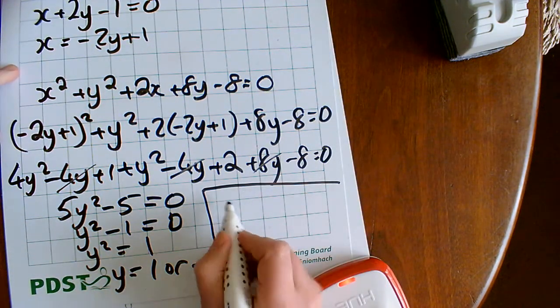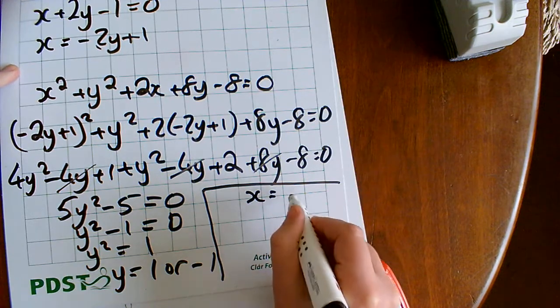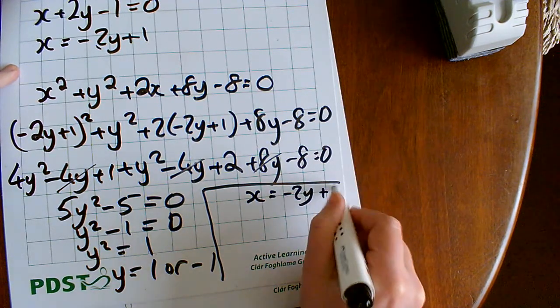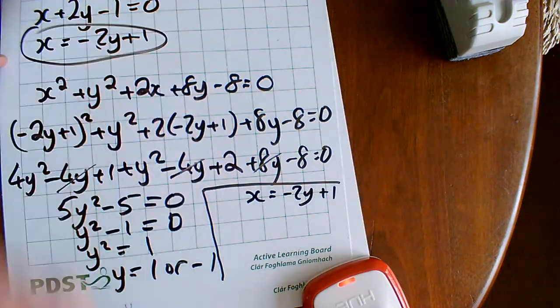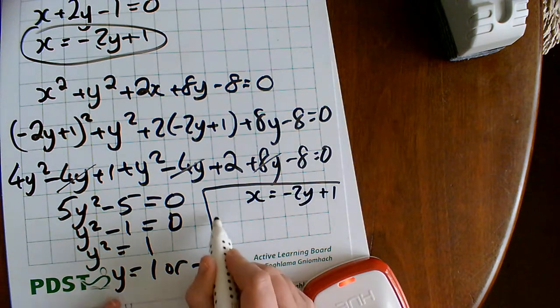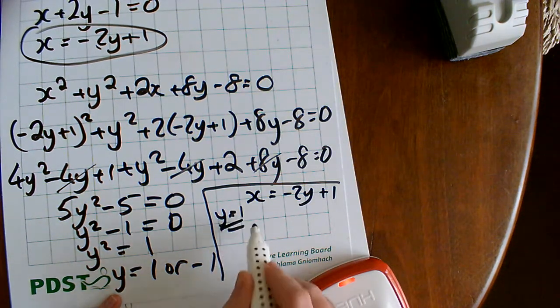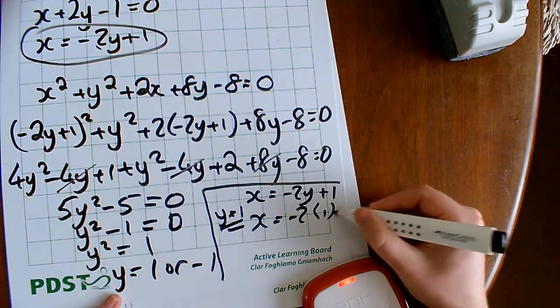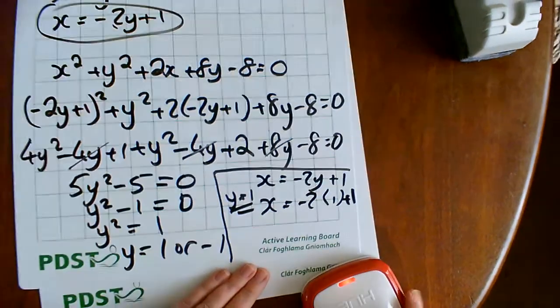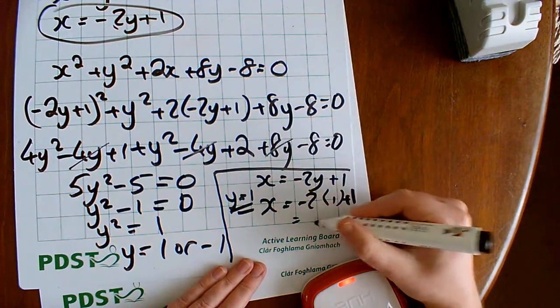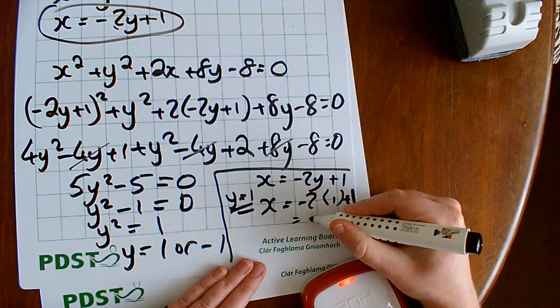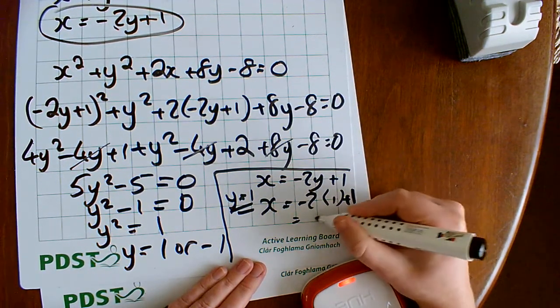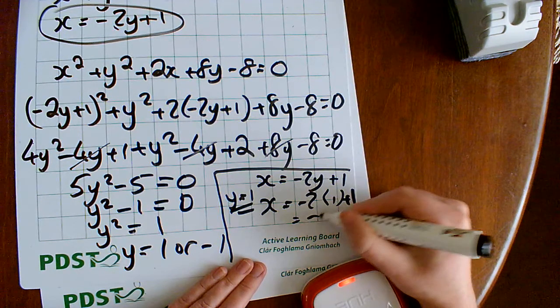So x is equal to minus 2y plus 1. We have that up here. So when y is equal to 1, x is equal to minus 2 times 1 plus 1, and that's going to be equal to minus 2 plus 1 is minus 1. So that first point is minus 1, 1.